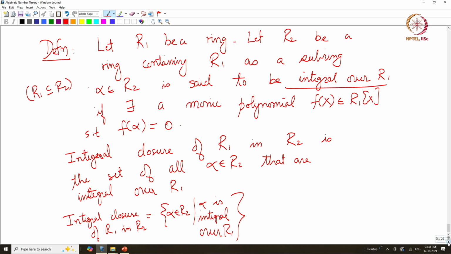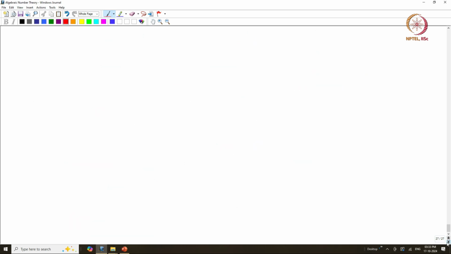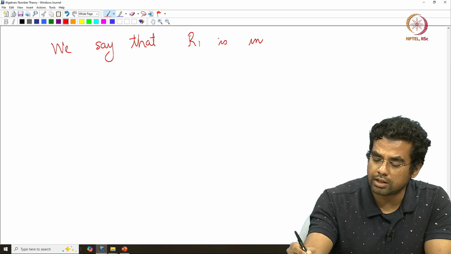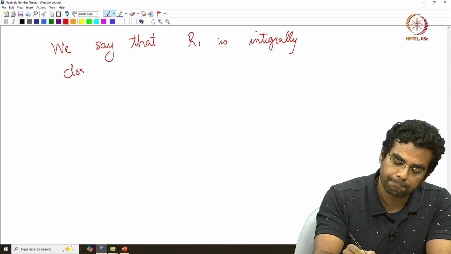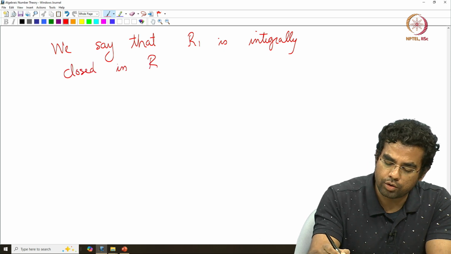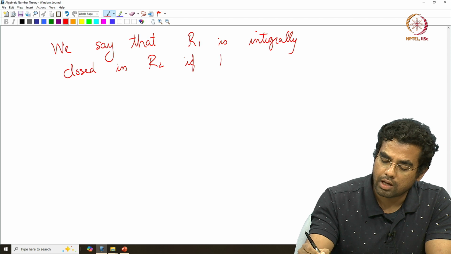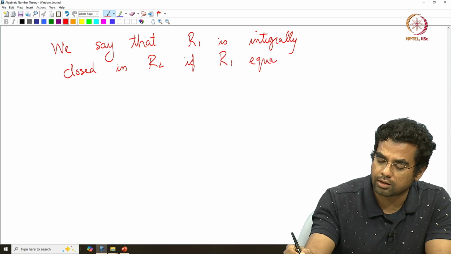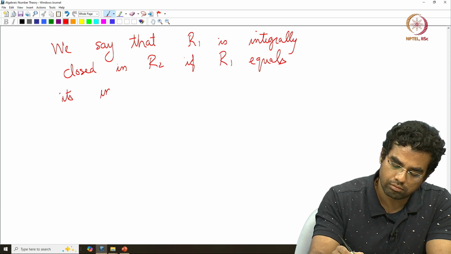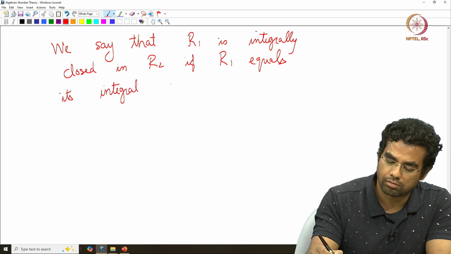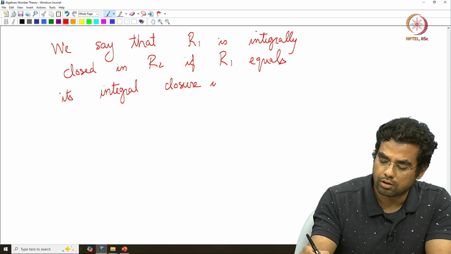Okay. So, that is the integral closure, and so what it means to be integrally closed. So, we say that R_1 is integrally closed in R_2 if R_1 equals its integral closure in R_2.